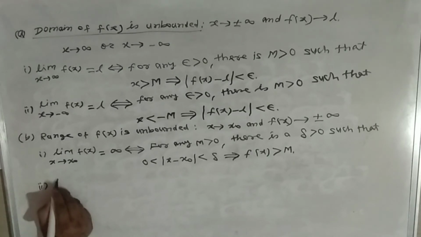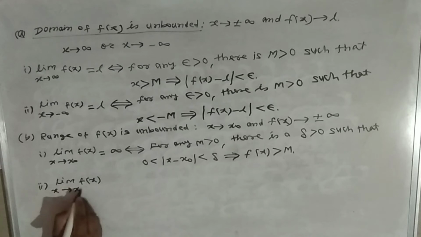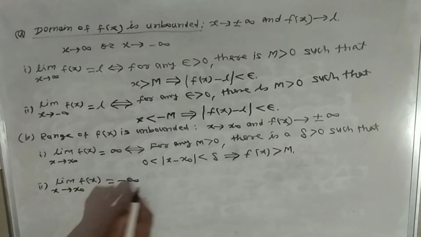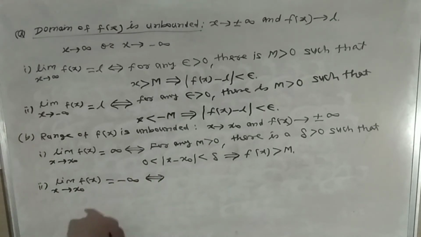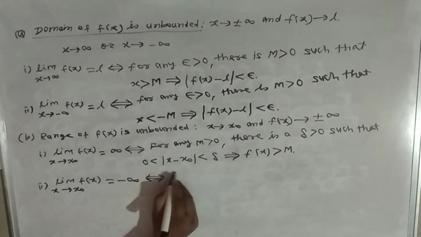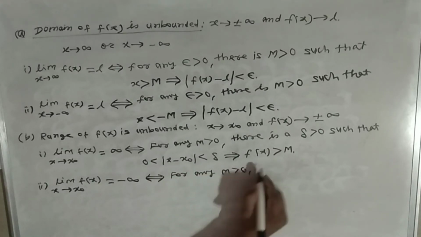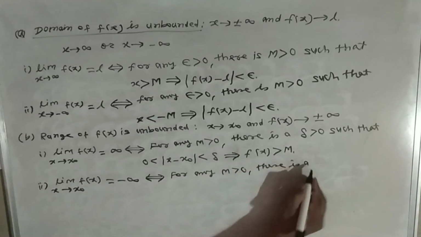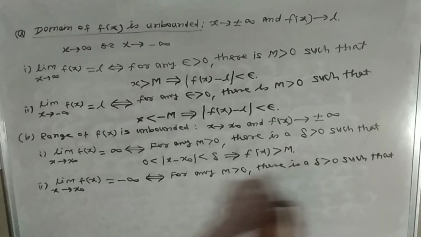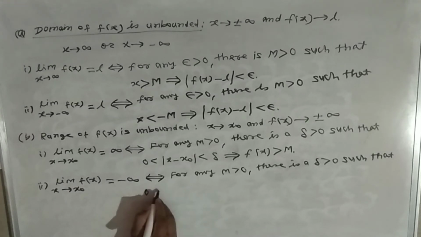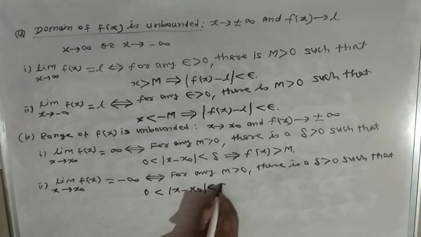Now for the limit of a function f of x as x tends to x0 is equal to minus infinity if and only if for any m greater than 0, there is a delta greater than 0 such that 0 is strictly less than mod x minus x0, which is strictly less than delta.